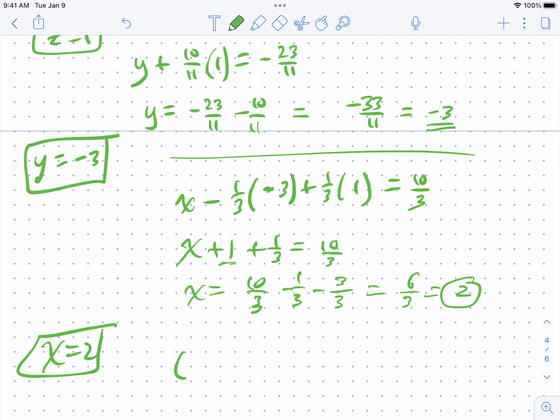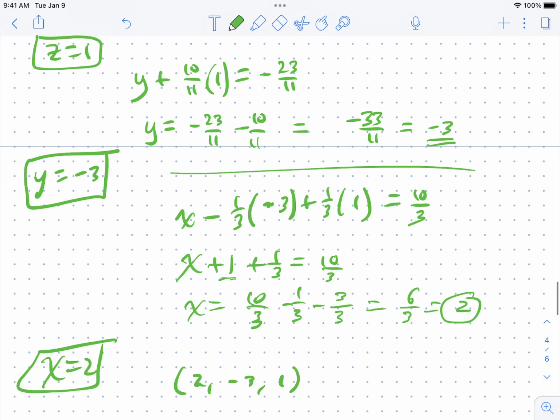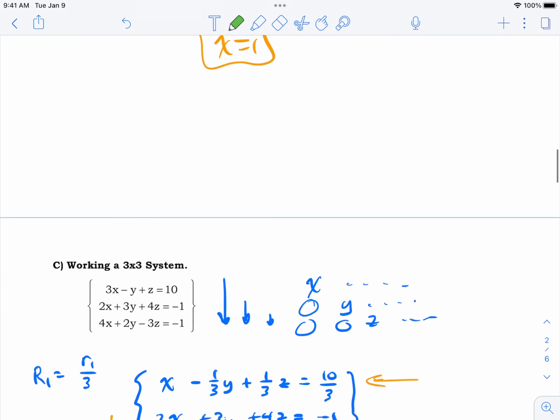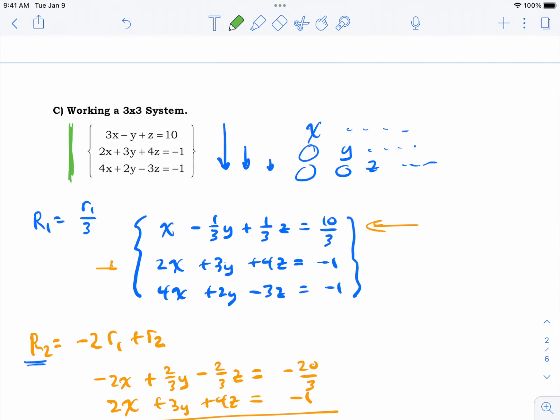So the bottom line is, if you were to graph these three equations, and by the way, when you have x, y, and z, you've got three-dimensional pictures. These are each equations of planes.